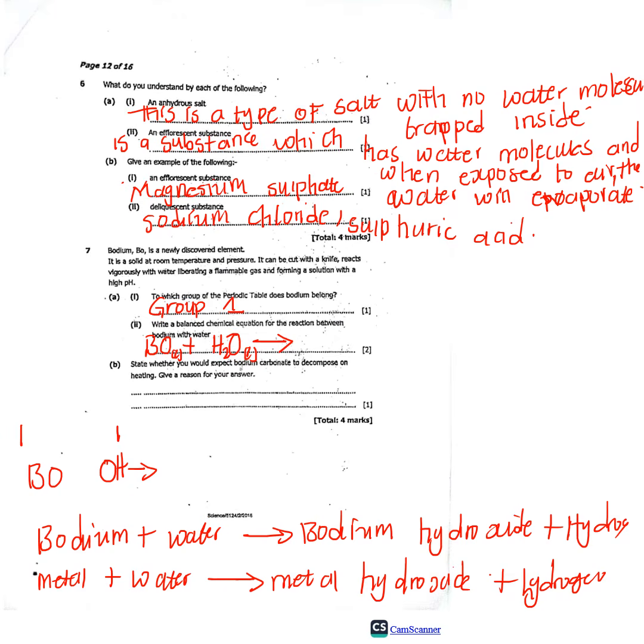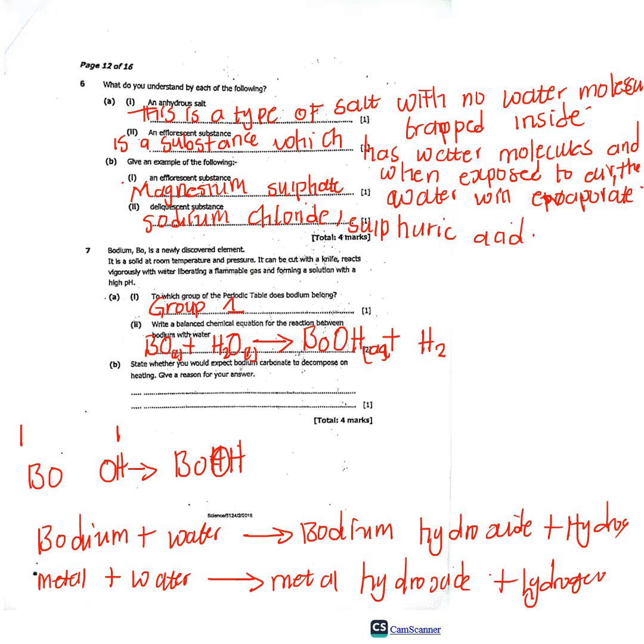So therefore bodium hydroxide will be like this: bodium hydroxide aqueous plus hydrogen diatomic.